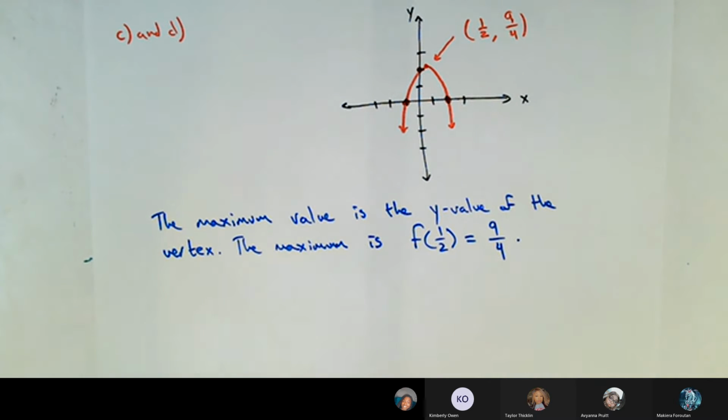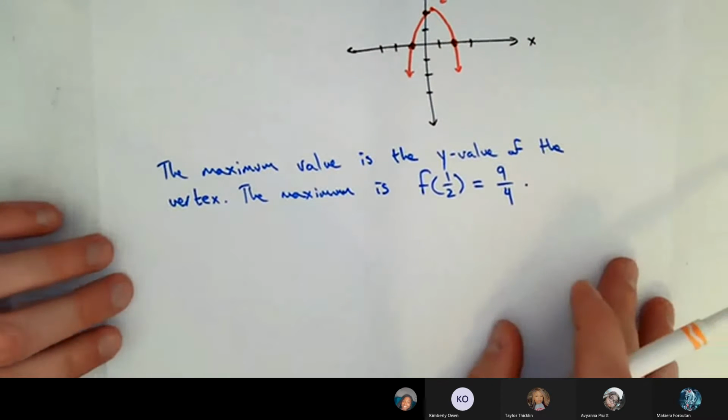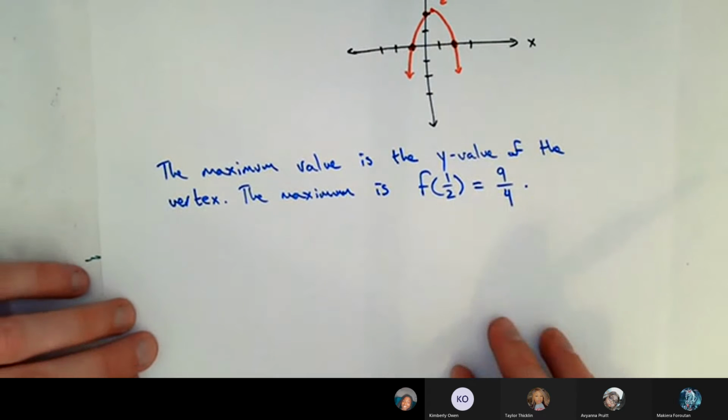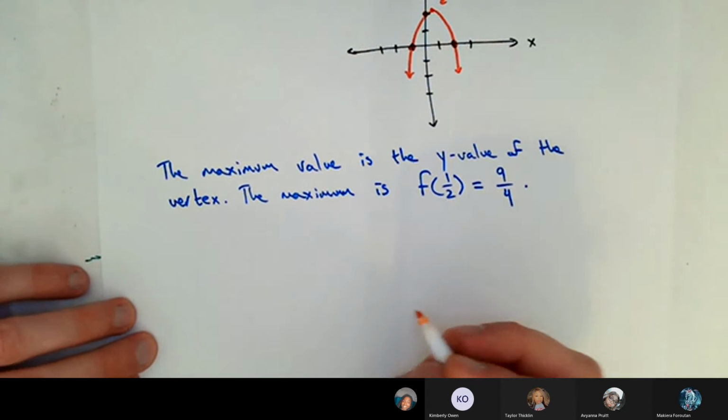Next time we'll look at some modeling with real life problems, because I went on a tangent about how this stuff is really important in real life, so I'll show you at least one example of that.